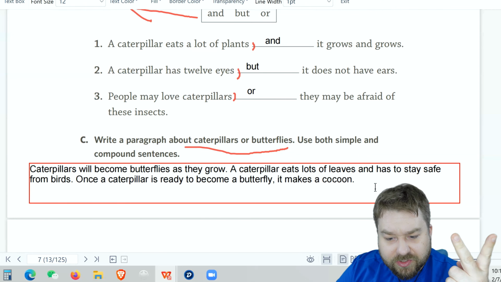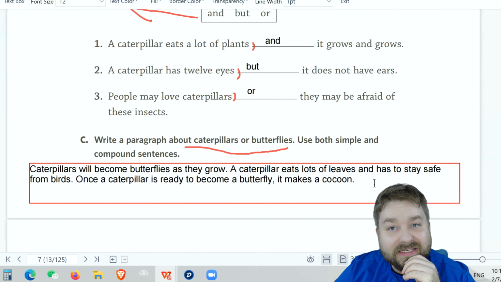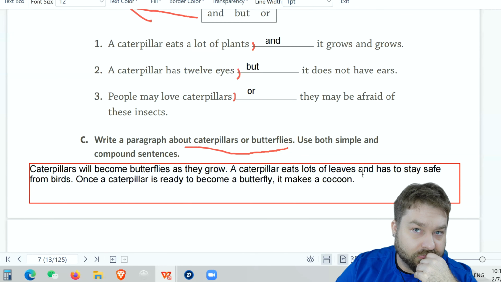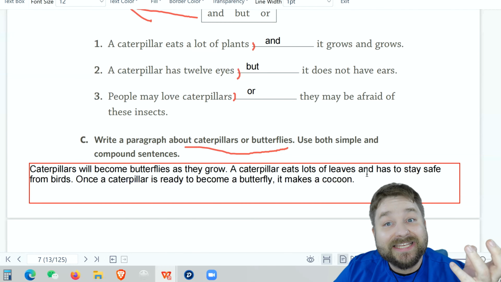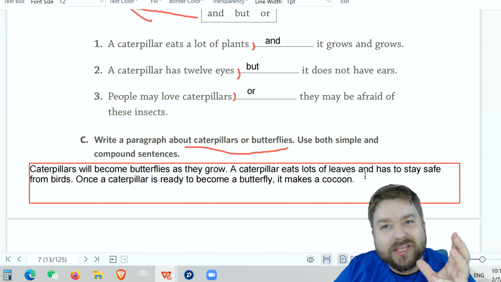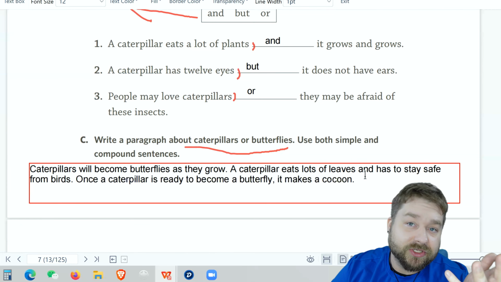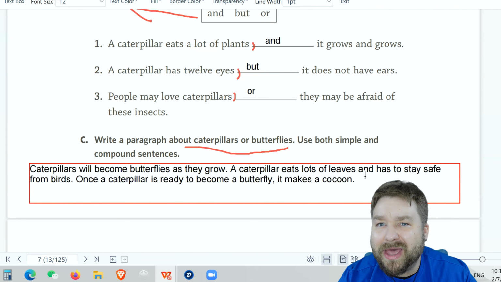Okay, so we've got 1, 2, 3 sentences. A good paragraph has 5 sentences. Well, what happens in the cocoon? Well, this is a time when you could use a dictionary to translate your word in your language to this word, or you can look this up, right? It's called a metamorphosis.